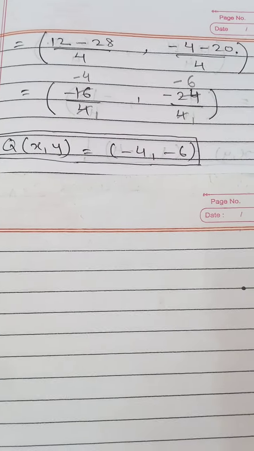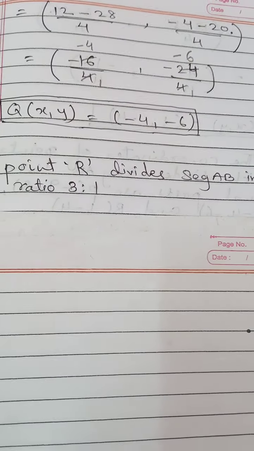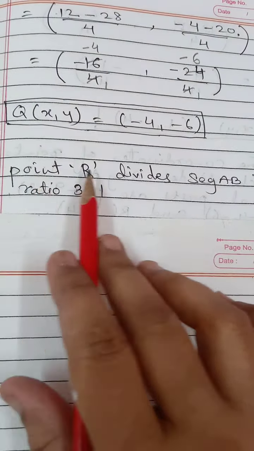Now we'll solve for finding point R, coordinate of point R. So see here, point R divides the segment AB in the ratio 3:1.